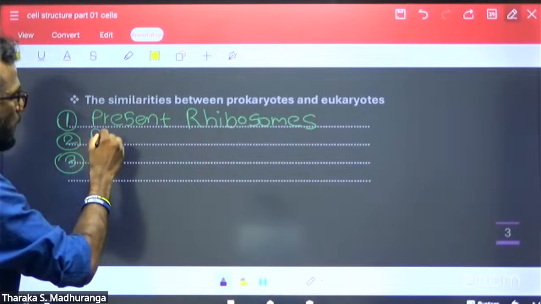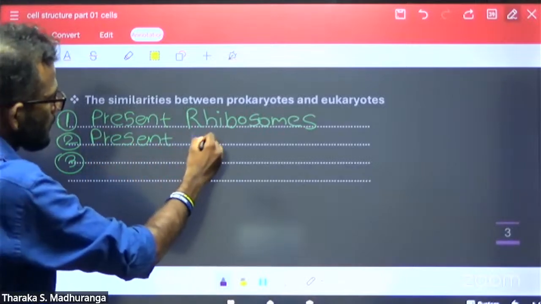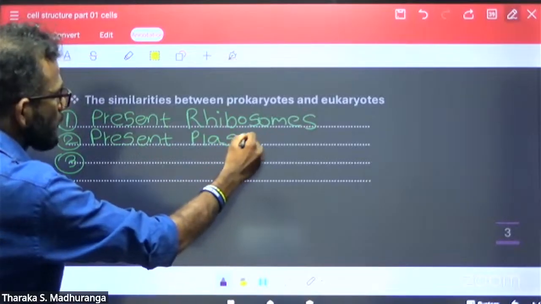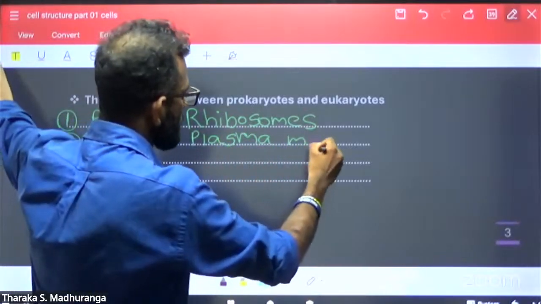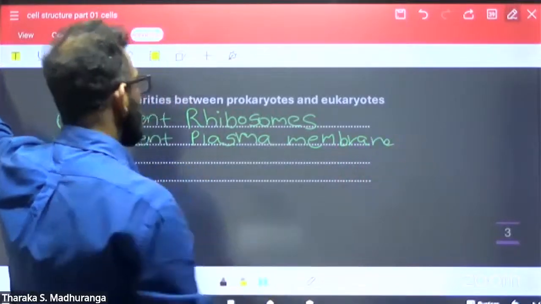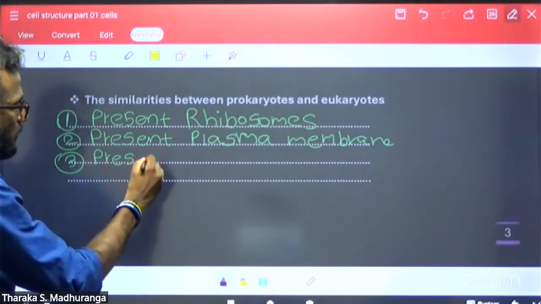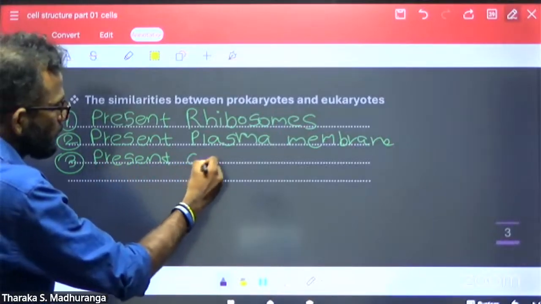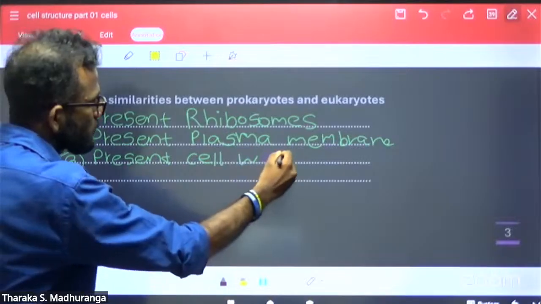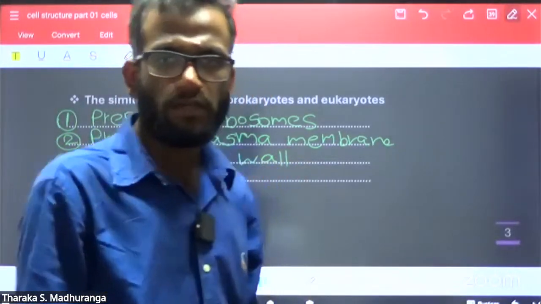Present, cell plasma membrane. Okay, note down. Plasma membrane. Present cell wall. Both have cell wall.